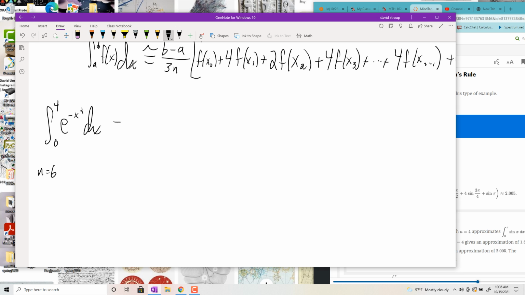That's not integrable for us. So anyways, the formula is change in x over 3. The change in x is going to be 4 minus 0 all over 6, which is 2/3, unfortunately. And then change in x over 3 is going to be 2/9, unfortunately.